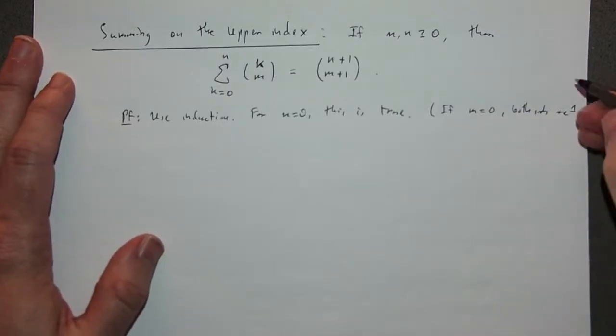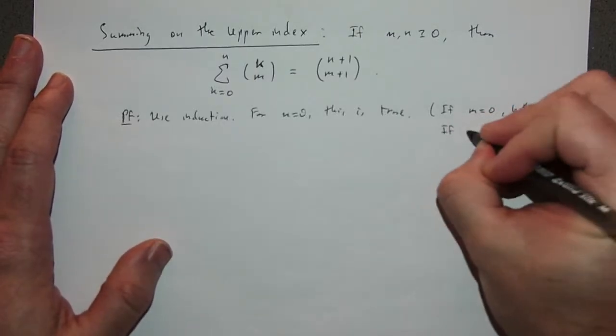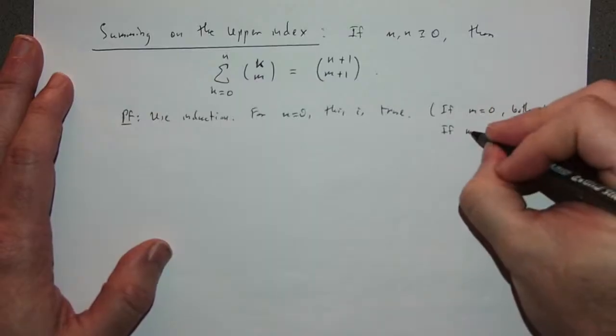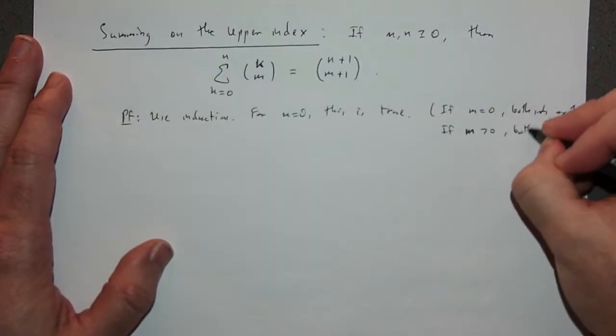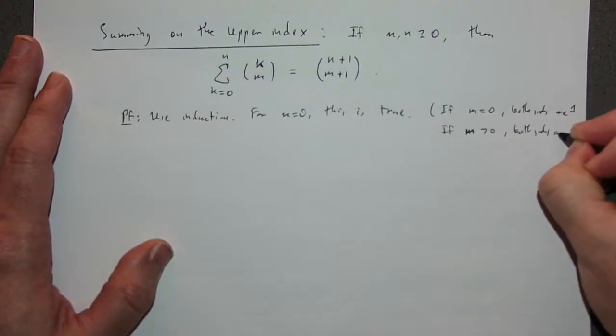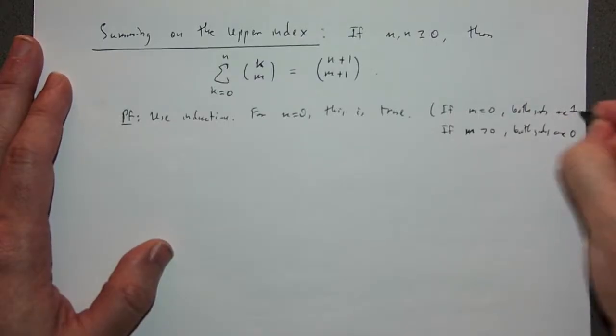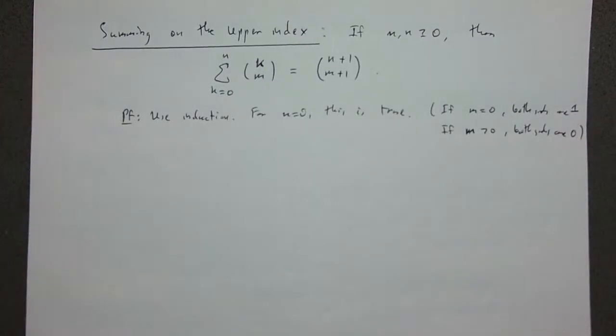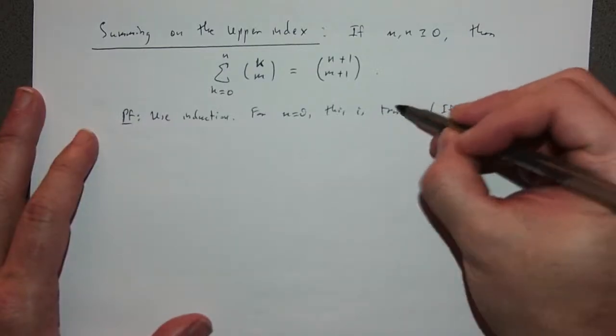And if m is greater than 0, both sides are 0. Again, this is giving you some more motivation for why we defined these things the way we did. But anyway, in either case, this is true.